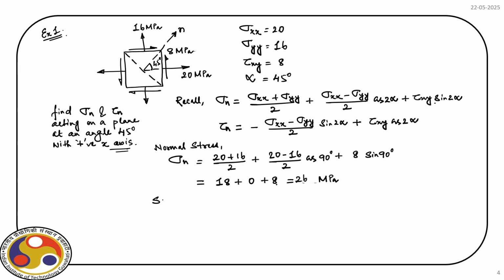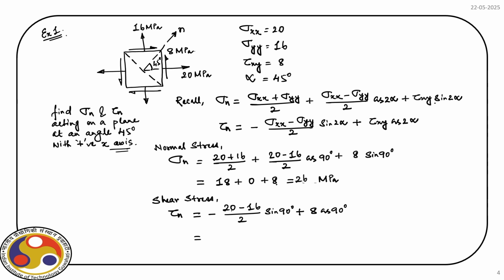Shear stress tau n is equal to minus 20 minus 16 divided by 2 sin 90 degree plus tau xy, which is 8 cos 90 degree.